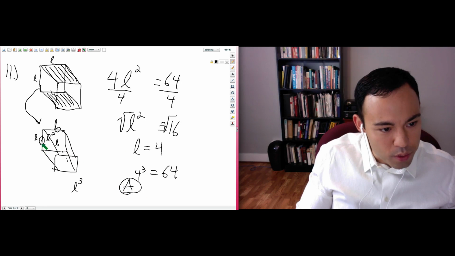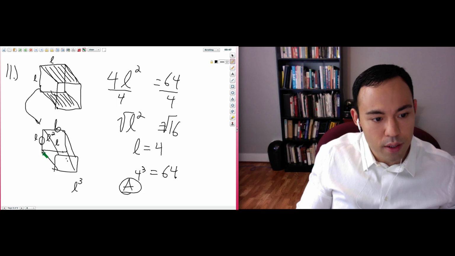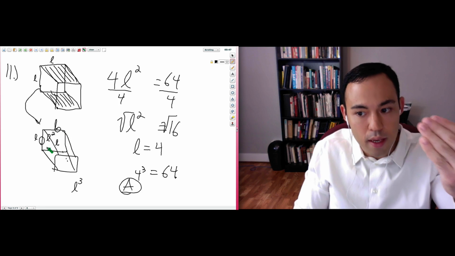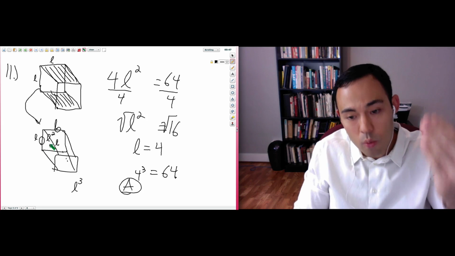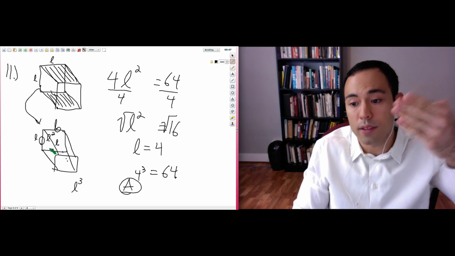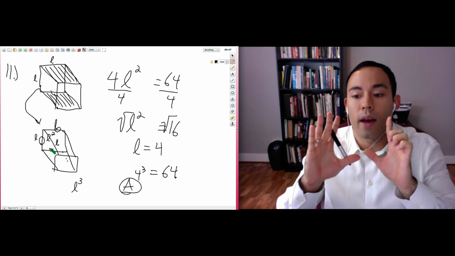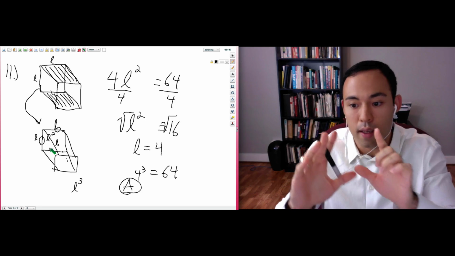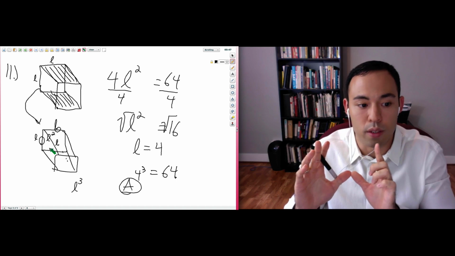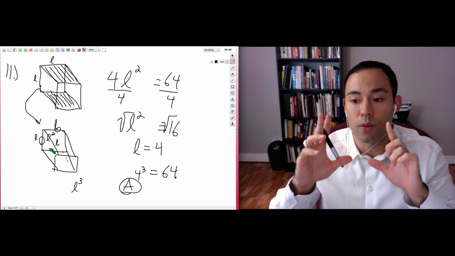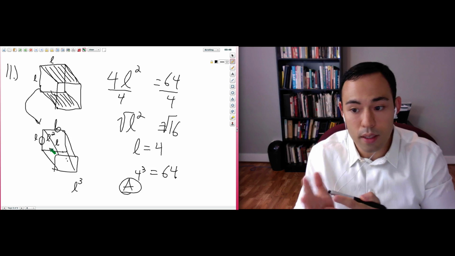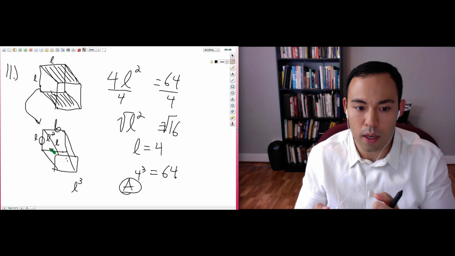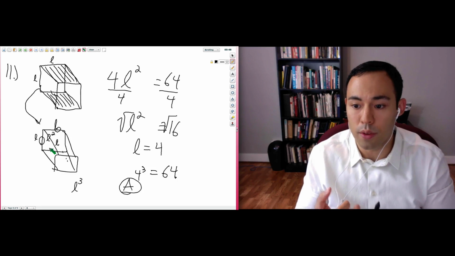Think about this a little bit. The area here is L squared, and by multiplying by the L coming out of our page towards our faces, we're taking in all the cross sections of that area all the way out L high, or height H high, whatever number we're dealing with. And that's why it's an L cubed. That concept actually returns in calculus in a more complex form when you're dealing with integrals.